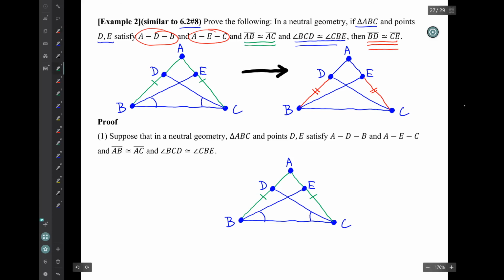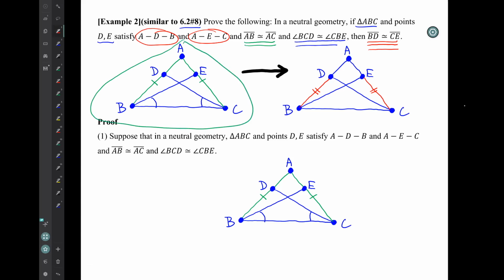Here you see a drawing of the hypothesis. The points satisfy those betweenness relationships, and they satisfy this green segment congruence.